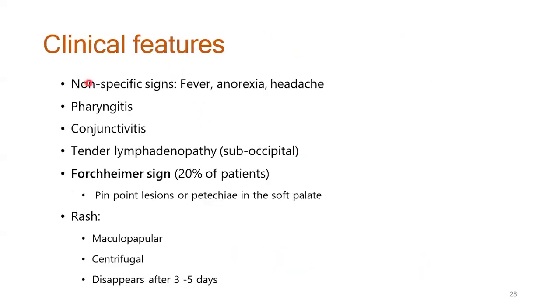Clinical features, as we said, are also non-specific. Fever, anorexia. Anorexia means loss of appetite. And then you have a headache. Then we have pharyngitis, which is inflammation of the pharynx. Conjunctivitis, so inflammation of the conjunctiva in the eye. Tender lymphadenopathy. Suboccipital. So suboccipital is, let me draw for you.